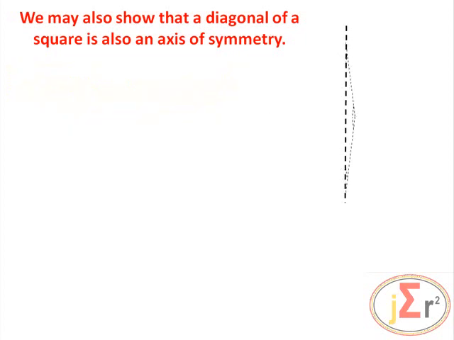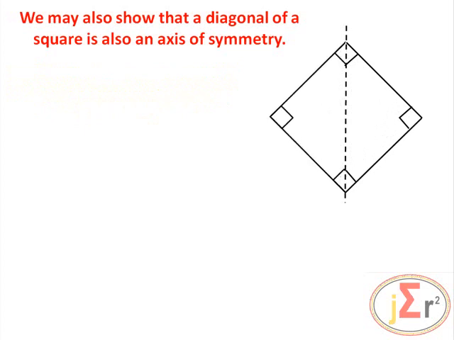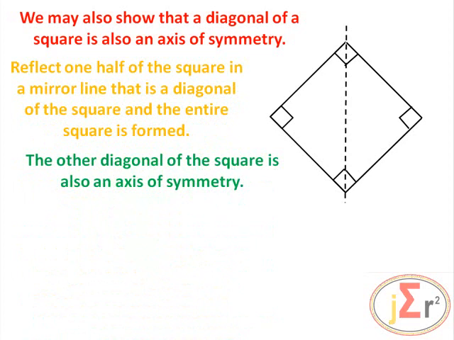Reflect one side of the square in the diagonal, and the other side or other half will be formed. And we are sure that the diagonal is a line of symmetry.